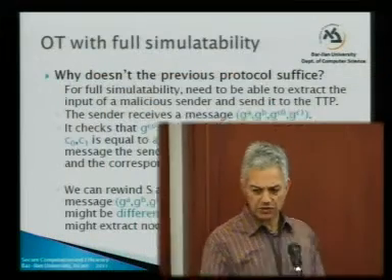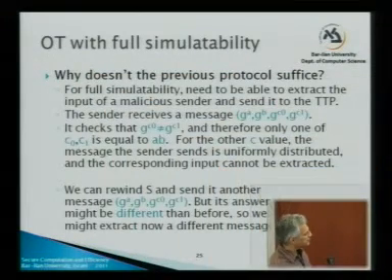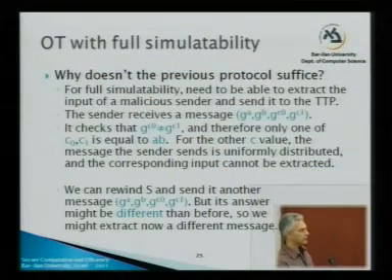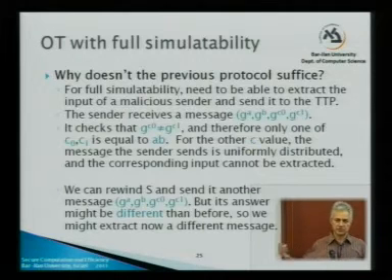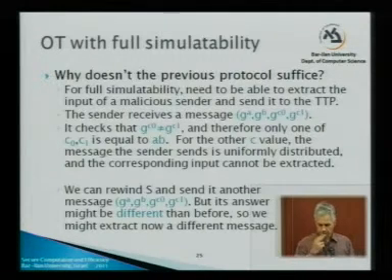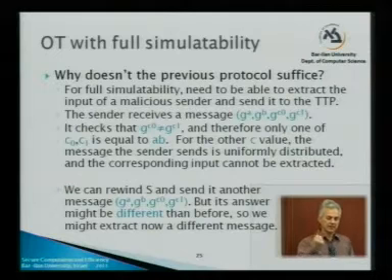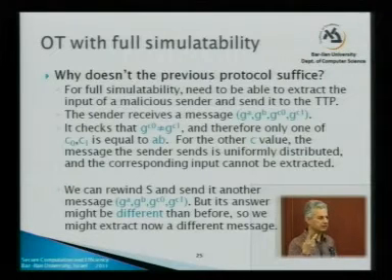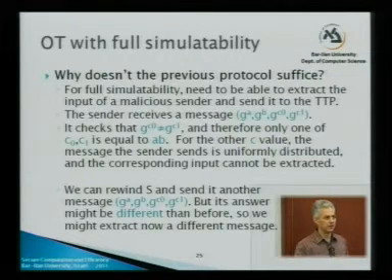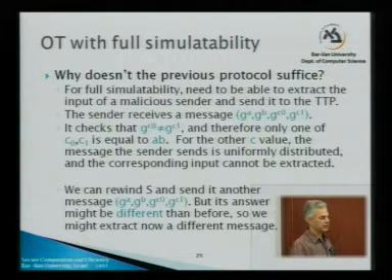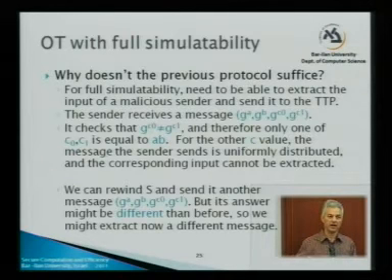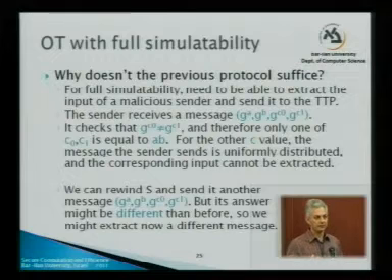Now, in the protocol I showed, the sender receives this message: G to the A, G to the B, and G to the C0, G to the C1. And I argued that if G to the C0 is G to the A times B, it's an actual encryption, but if it's different, we learn nothing about the encrypted value. Since the sender checks that the third and fourth items, G to the C0 and G to the C1, are different, only one of these is equal to G to the AB.